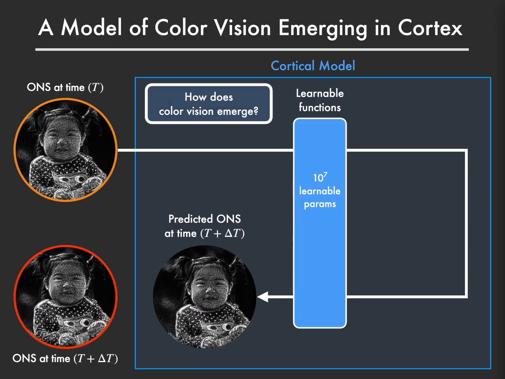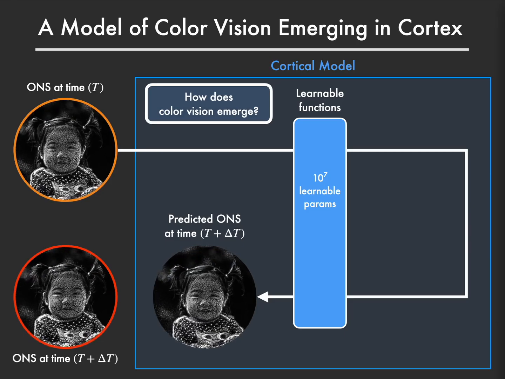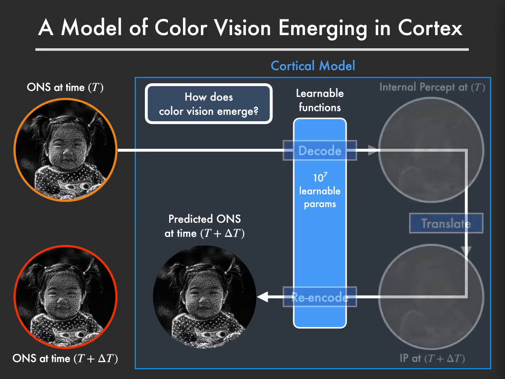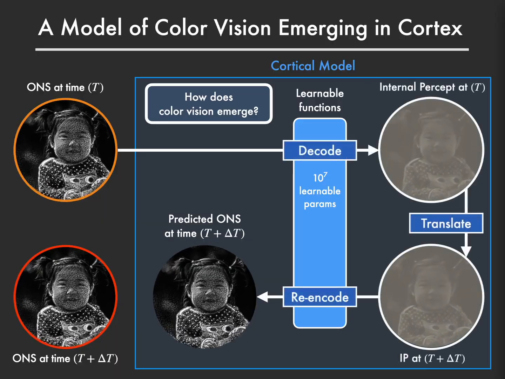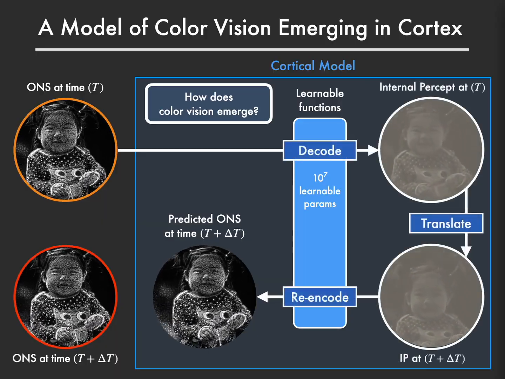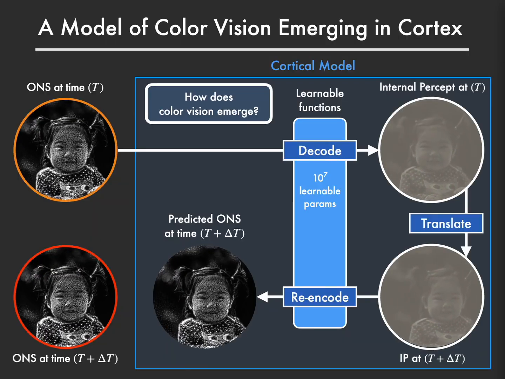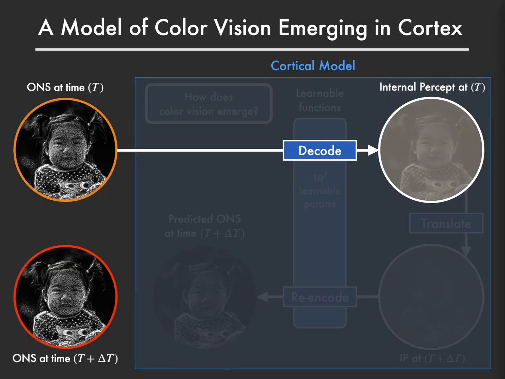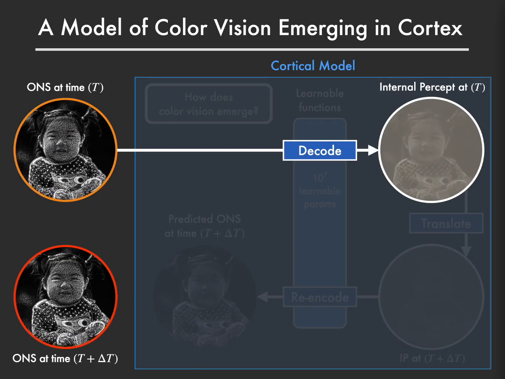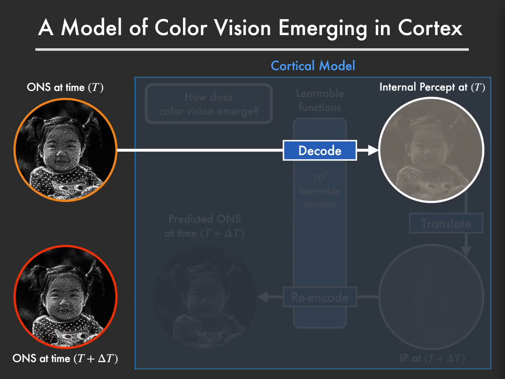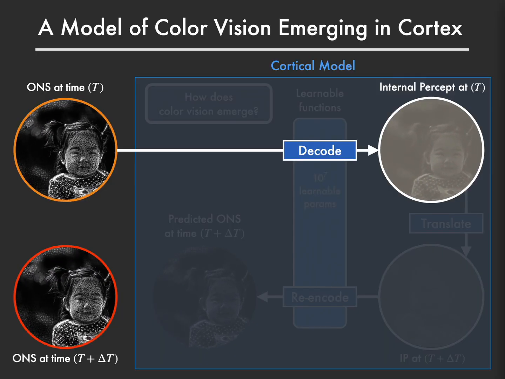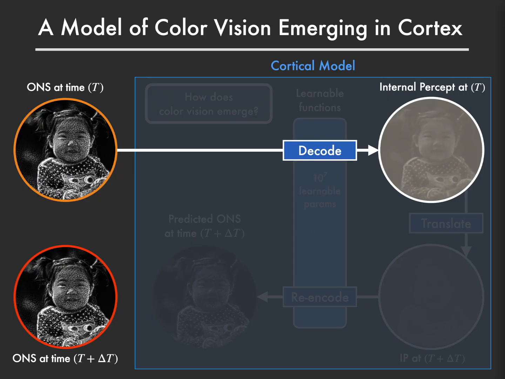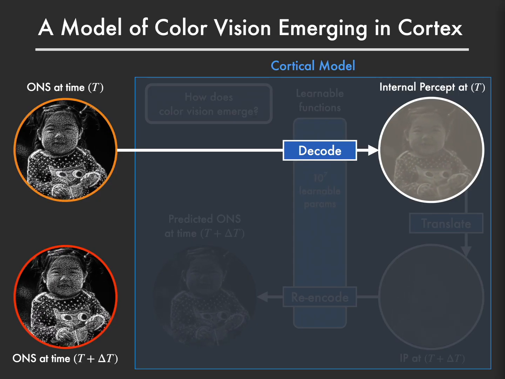To zoom in on this bold arrow here, making the predicted signal can be factorized into the decoding and encoding process using these learnable functions. So the first step is to take the optic nerve signal and decode it into a percept. It looks monochromatic now, but this is where colors will eventually emerge over learning, as I will show you in a second.